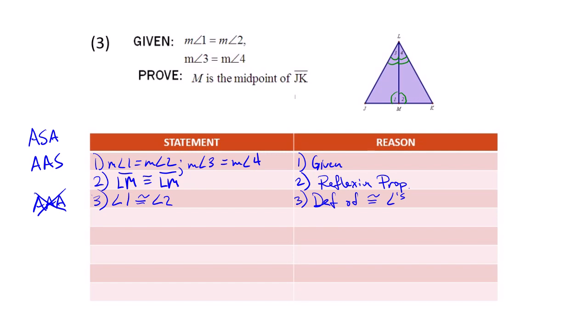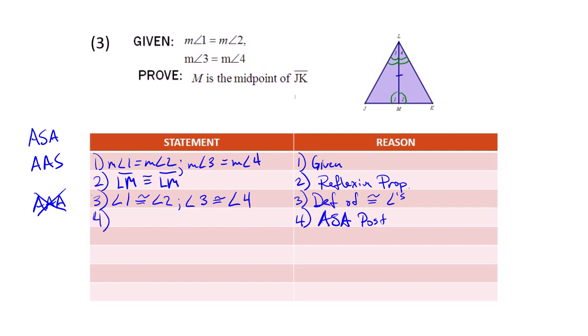Okay, and for the same reason we can say that angle 3 is congruent to angle 4. All right, so now we use the reflexive property to say that LM is congruent to itself. Now that we have congruent statements for two corresponding angles in each triangle, we can say that the triangles are congruent by angle side angle, two angles and the included side. That's a postulate.